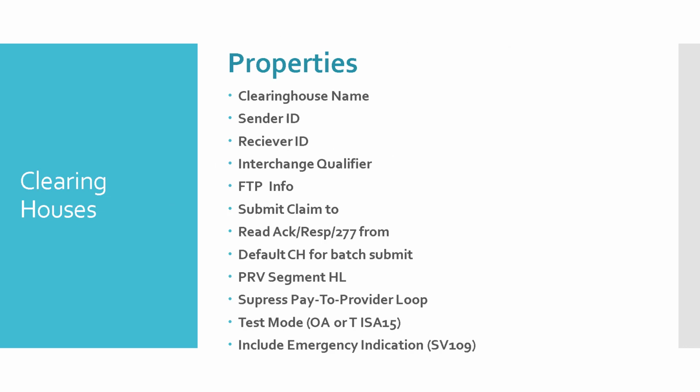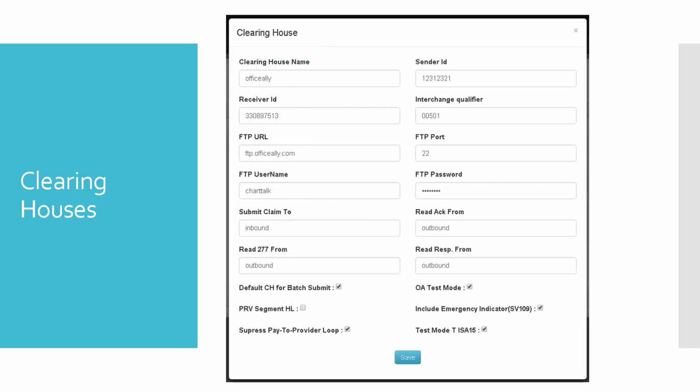The clearinghouse screen holds information for the FTP connection and directory layout for where you submit electronic claims. Your clearinghouse will usually help set this up for you, but here is an overview of the fields.